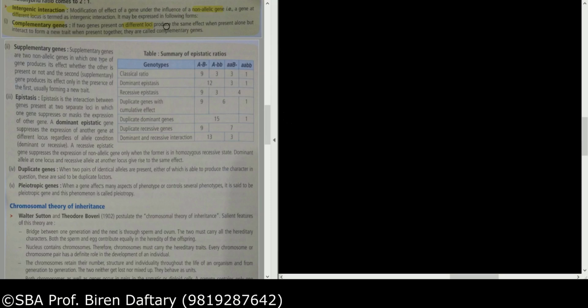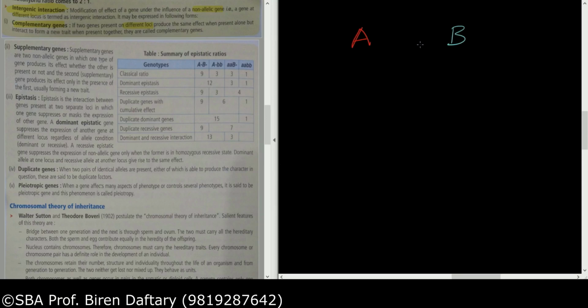If they produce the same effect when present alone but interact to form a new trait when present together, they are called complementary genes. Okay, now let us take this example. Suppose I am showing gene A over here, and a gene B over here. I am using different colors because these are non-allelic, present on different loci. So these are two separate genes showing intergenic interaction.